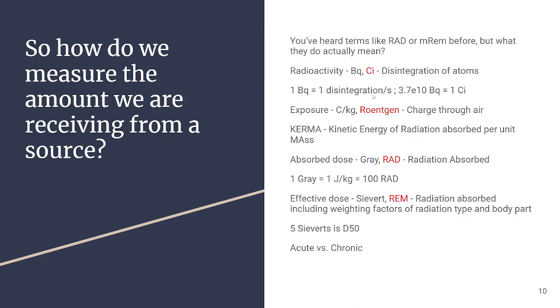We have one atom doing something per second. Not a crazy concept. Now, a curie is still disintegrations per second, but instead of 1, we have 3.7 times 10 to the 10th power. So, a very large amount. It's a very big number.